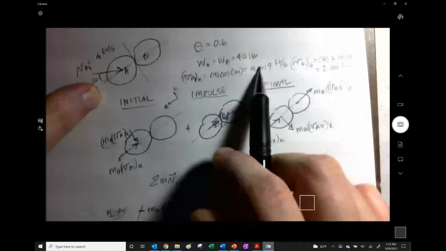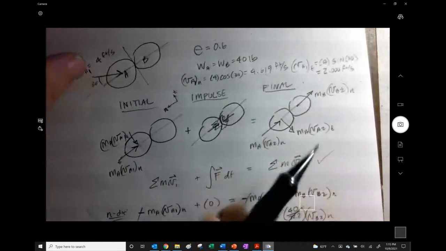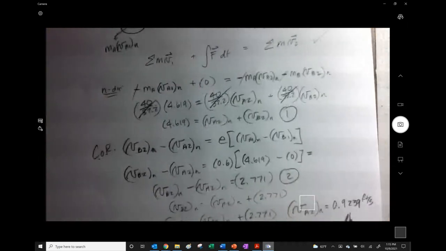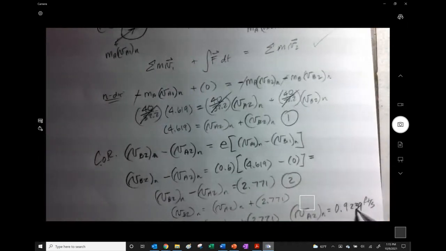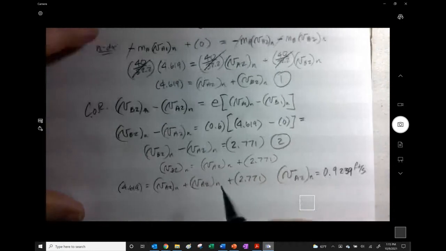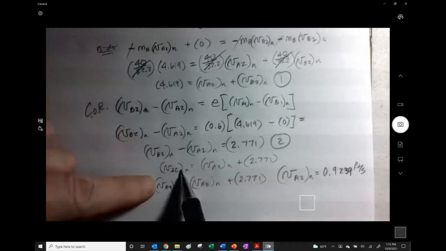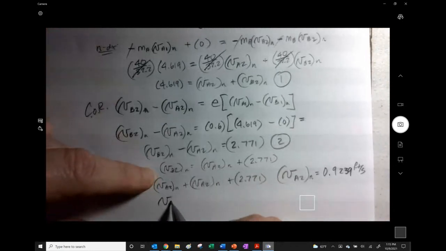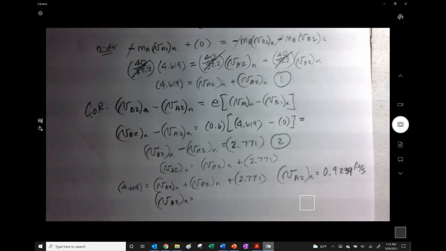It was going 4.619 in the normal direction. Now it's just 0.9239. And we're able from this and this equation right here to get the VB2n is going to be 2.771 plus that.